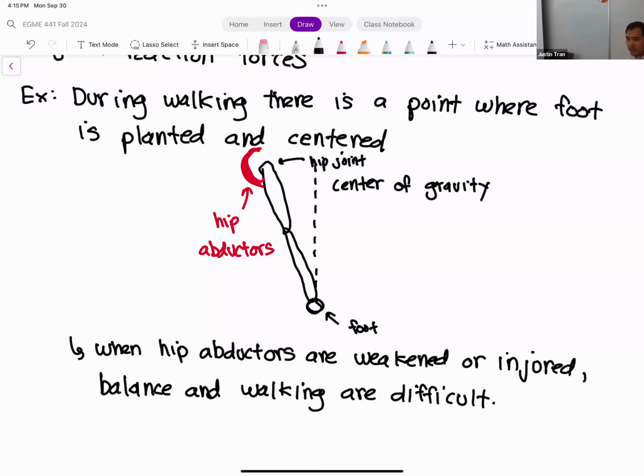It could either be that the muscle is weakened to the point where it can't exert enough force to keep balance, or if it's injured, having those hip abductors contract will cause the patient a lot of pain. Whatever the reason, there are times when your hip abductor muscles will be compromised, and that causes problems with your balance and with your walking motion.